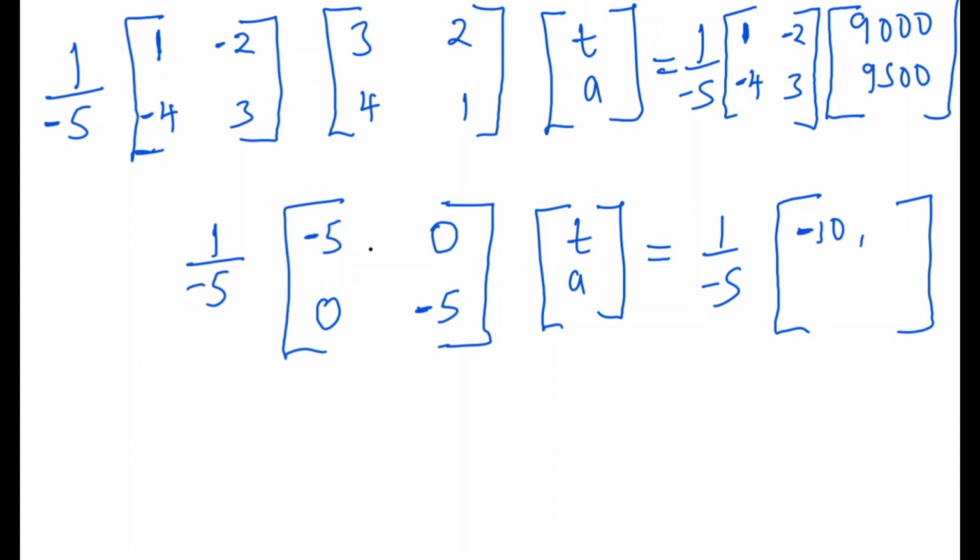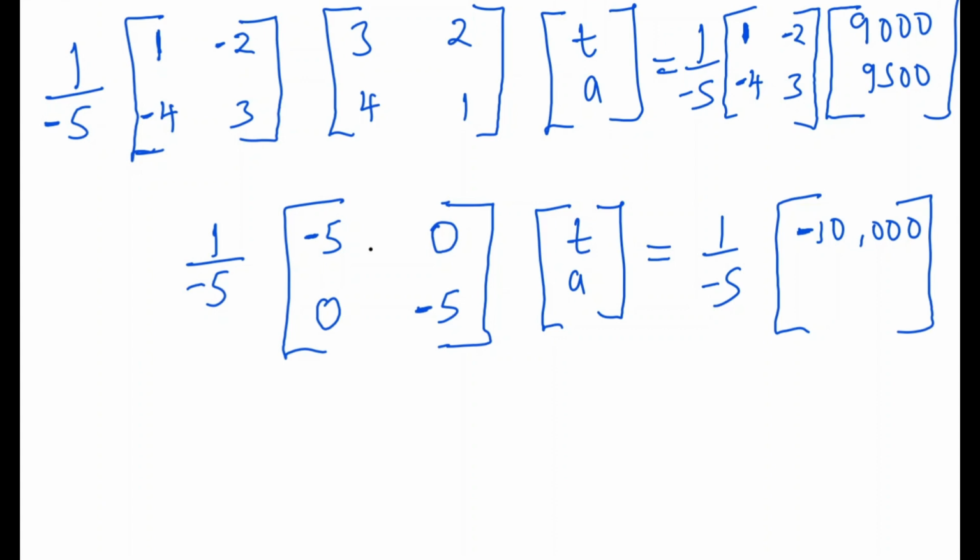with negative 10,000 shillings. In the second row, negative 4 times 9,000 is negative 36,000 plus 3 times 9,500 is 28,500. How did I get that? 9 times 3 is 27, and then 500 times 3 is 1,500. 27 plus 1,500 is 28,500.